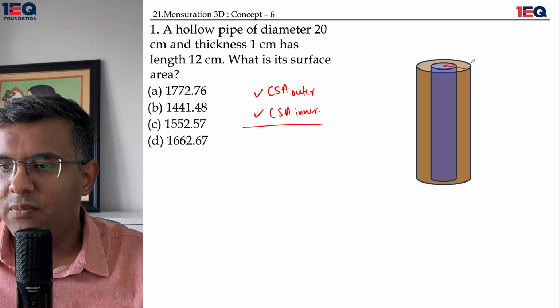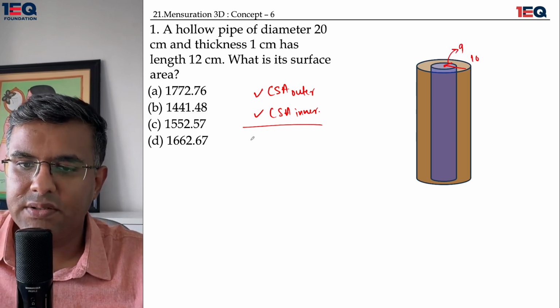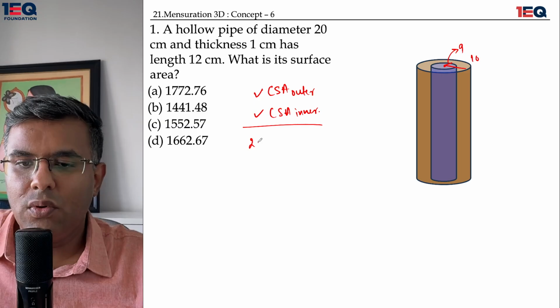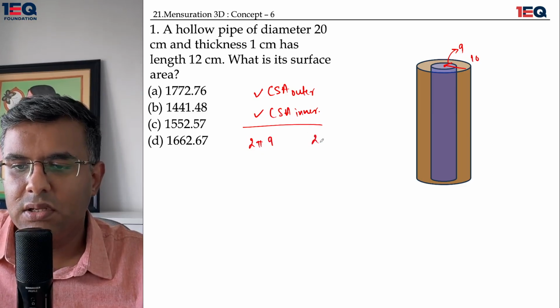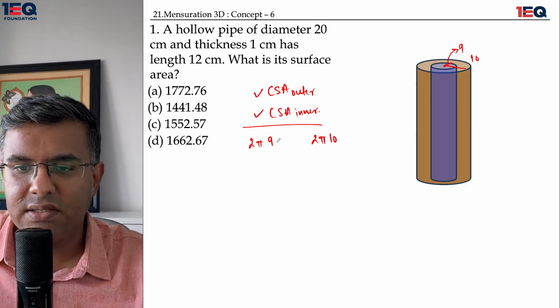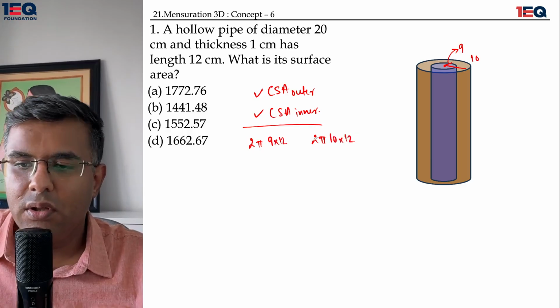The same story, 10 is the external radius, 9 is the internal radius. So 2 pi r is 9 in one case, 2 pi r is 10 in the other case, with the height being 12 in both cases.